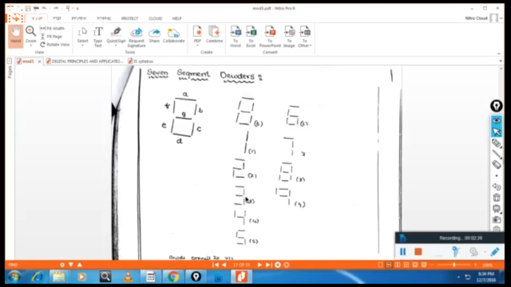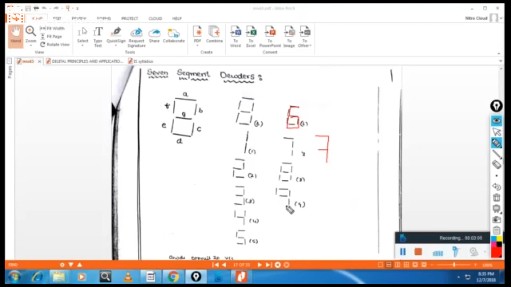To display 3, these LEDs should be forward biased. To display 4, these LEDs should be forward biased. To display 5, these LEDs should be forward biased. To display 6, please remember 6, these LEDs should be forward biased. To display 7, we don't write 7 like this, sometimes you write 7 like this, no. To display 7, these LEDs should be forward biased. To display 8, this. To display 9, these LEDs should be forward biased.